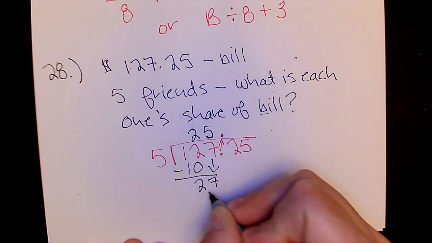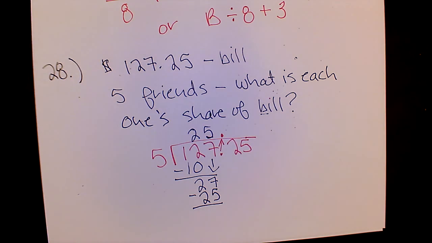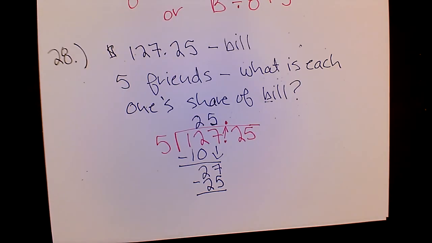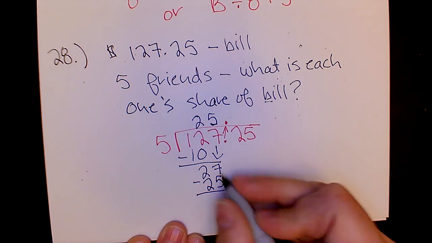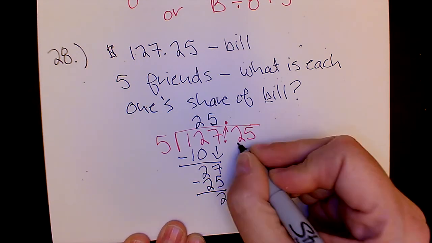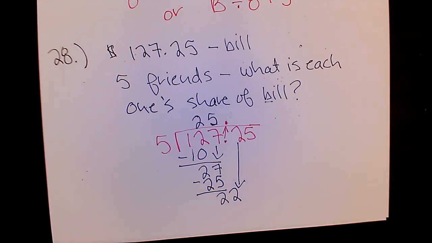The closest we can get is 5. 5 times 5 is 25. Subtract down. 27 minus 25 is 2. Bring down the next number, which is a 2, so now I have a 22.